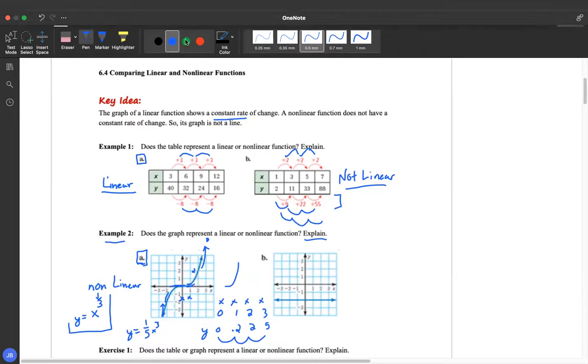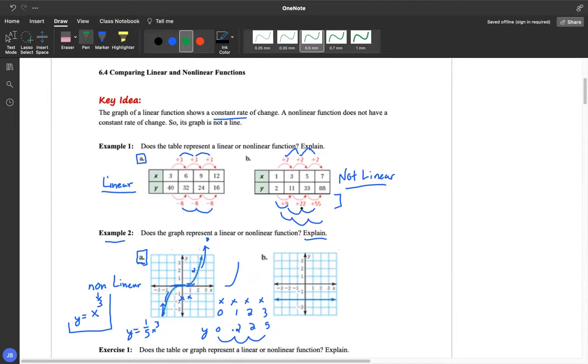Perfect. So let's see. Andy, can you tell us if B is linear? I think it would be, but I don't know because the y is steady. Right, it's always constant. Yep.